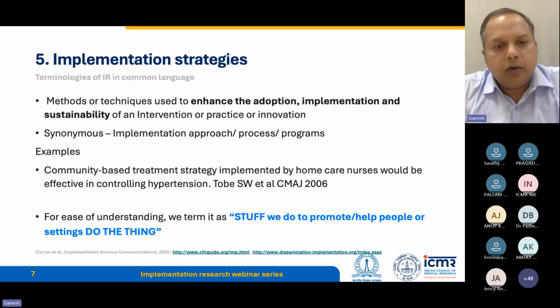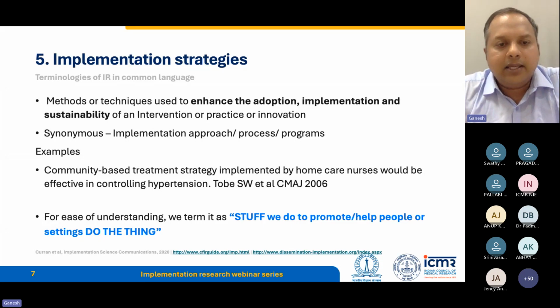What they actually wanted to do is delivery of hypertension care. The strategy, the method or technique which we are introducing, is a community-based treatment strategy by home care nurses. So introducing home care nurses is the strategy for what? For hypertension management, to achieve control of hypertension, control of high blood pressure.